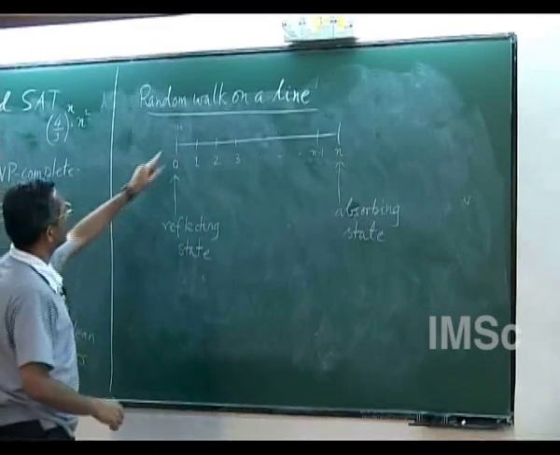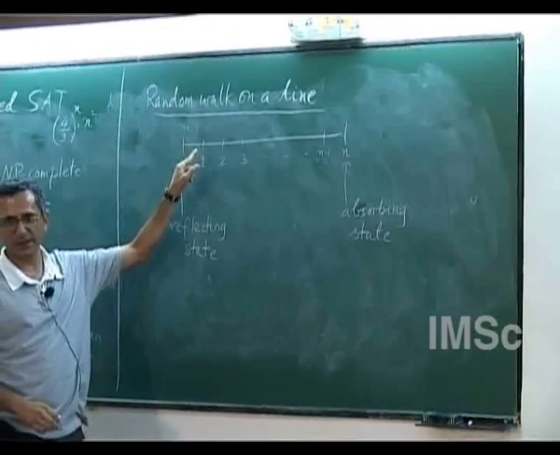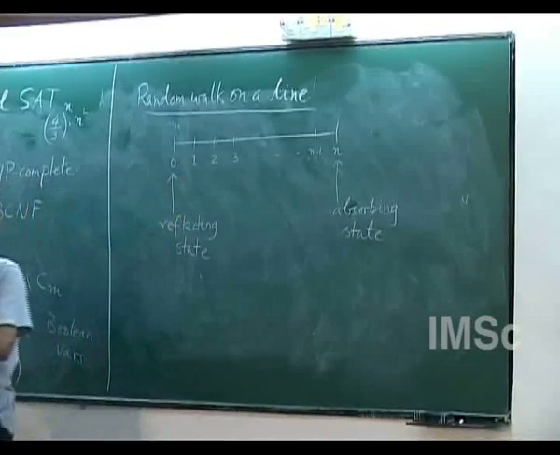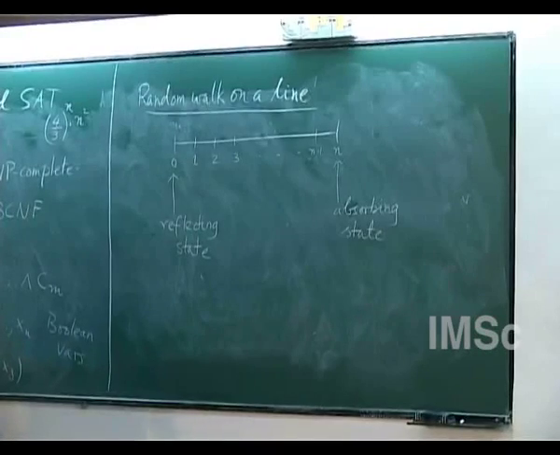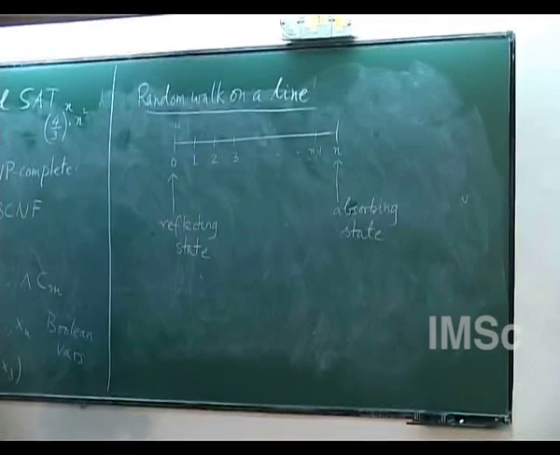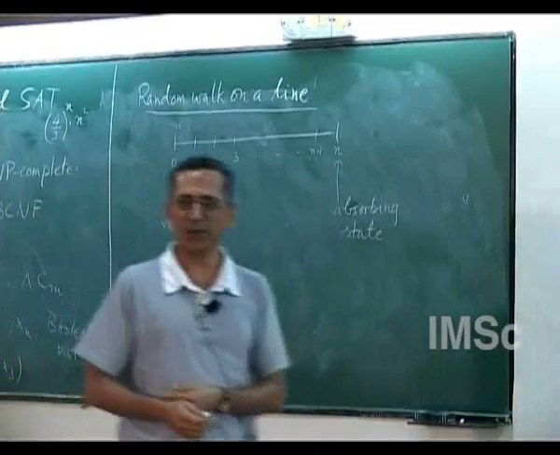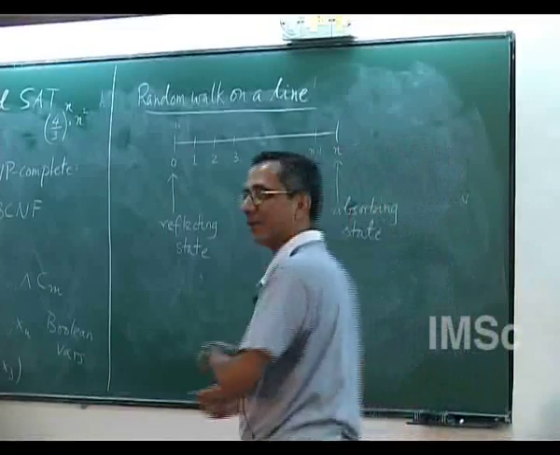That means when you hit 0, you're going to bounce back to 1 and keep moving. So when you're at 0, you will take one step to the right, always. When you're at any other node j, you will flip a coin, and with probability 1/2, you'll take either one step to the left or one step to the right. That's a random walk. And when you hit n, you just stop the random walk. A different version of this is called the gambler's ruin problem.